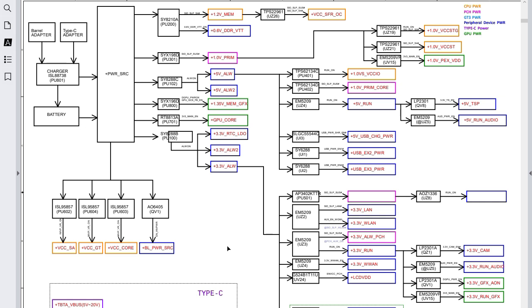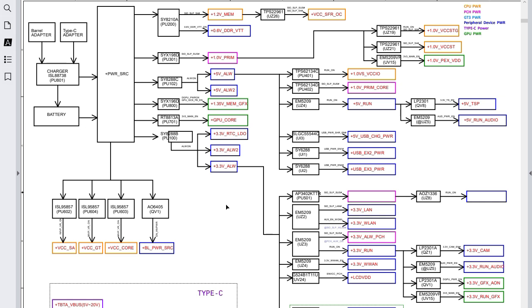Basically the working principle is always the same. You can find just a slight differences between each laptop, but always the working principle is the same. Here please, we're gonna discuss and study this power sequence, and also we're gonna focus on two voltages.